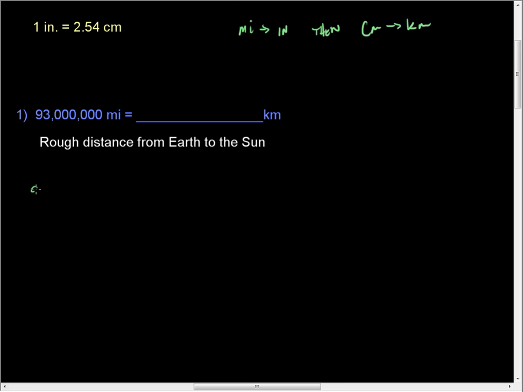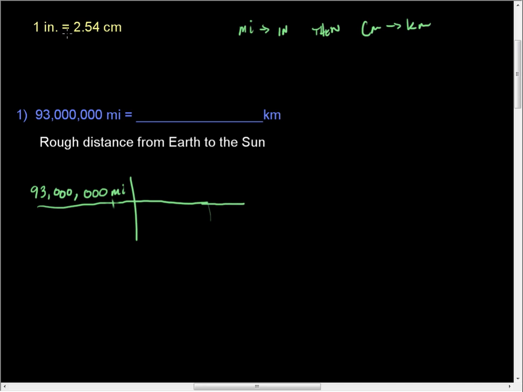I start with 93 million miles. That is always where I start. Let me make some room here so I can put in my little MI for miles. Okay, so now I've got my start, 93 million miles, and now for the next one, I want to go somewhere with that.